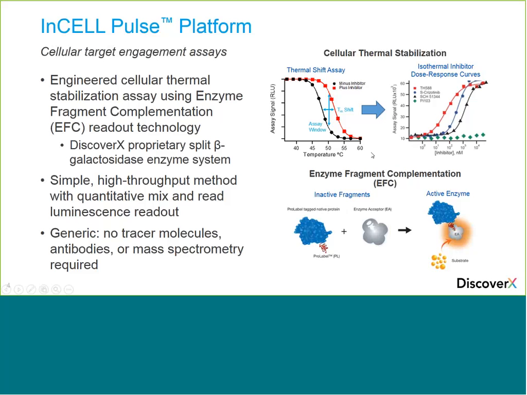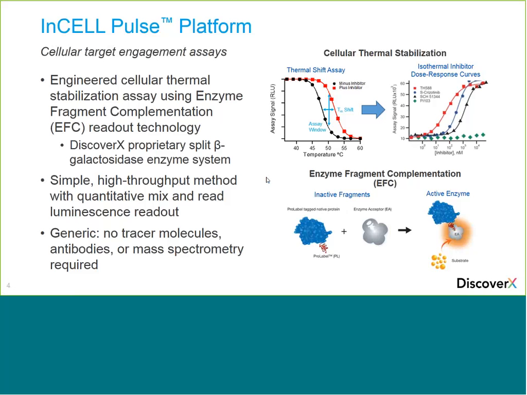So the real magic of how we do this is how we read these assays out. It's not straightforward to read out the fraction of soluble protein inside of a cell. So we've applied a DiscoverX technology called enzyme fragment complementation to address this complex issue. Enzyme fragment complementation is based on a split beta-galactosidase system.